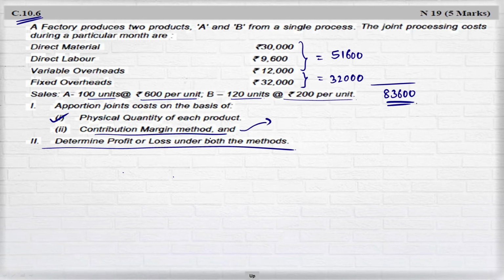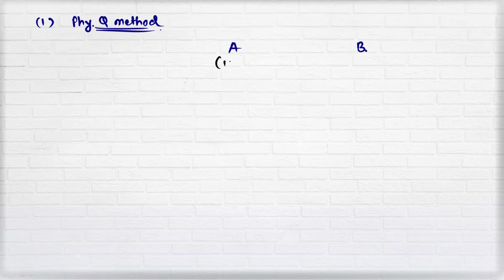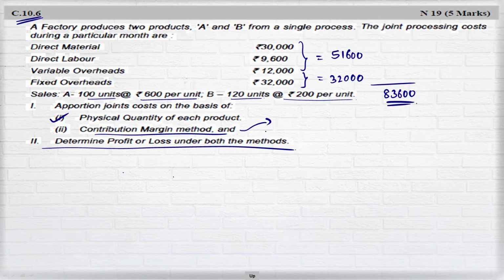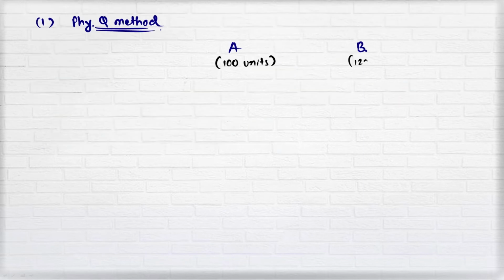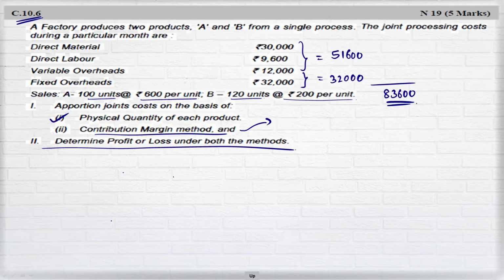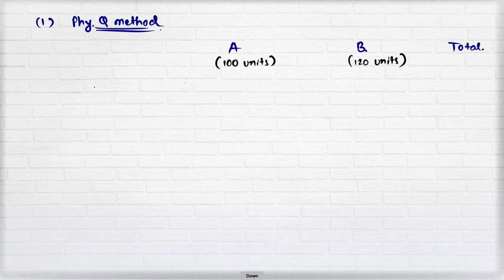What is number of units of A? 100 units. And number of units of B is 120 units. And this will be total. Sales. So I am practically preparing an income statement, and in the process I'll be also distributing the joint cost.